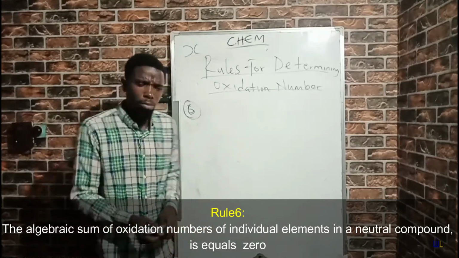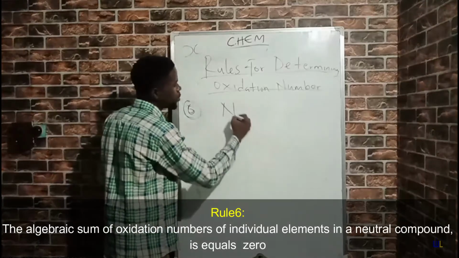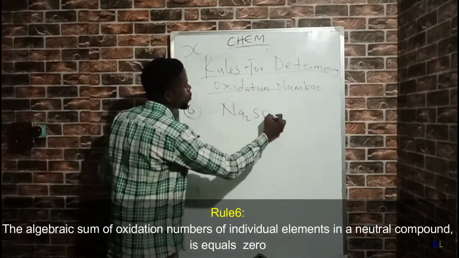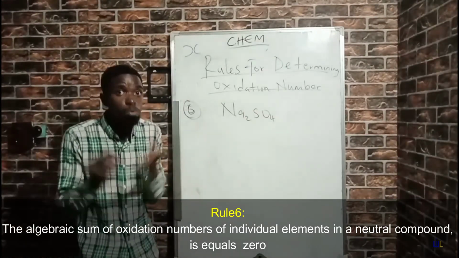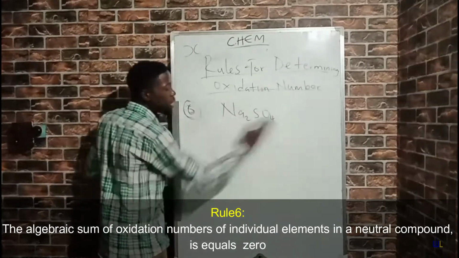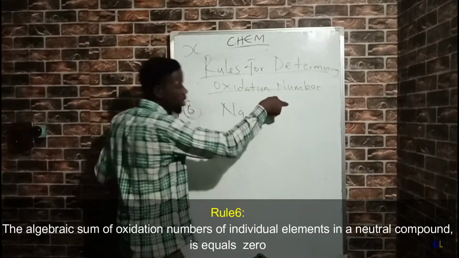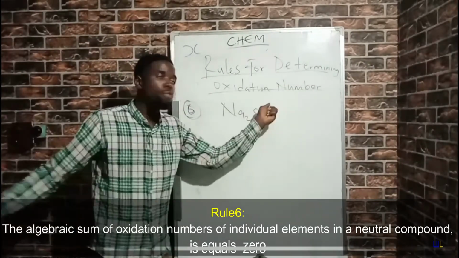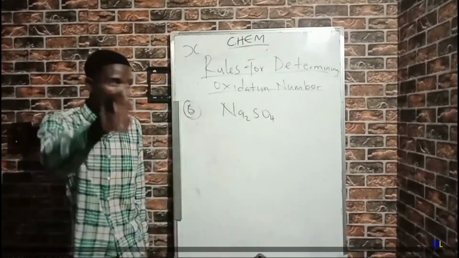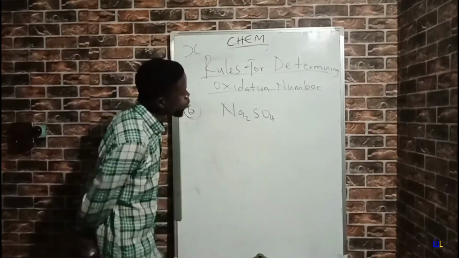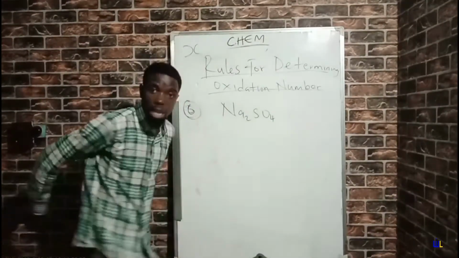What do I mean? I have a neutral compound, Na2SO4. How do I know this is neutral? I told us before that whenever you see a chemical symbol and you don't see any value where the charge is written, it means that it's neutral. So Na2SO4, no charge, meaning that it's neutral.